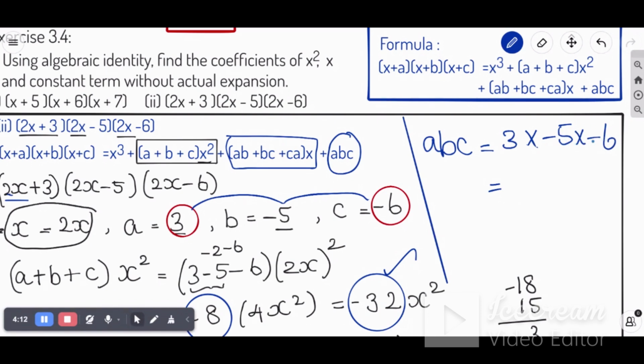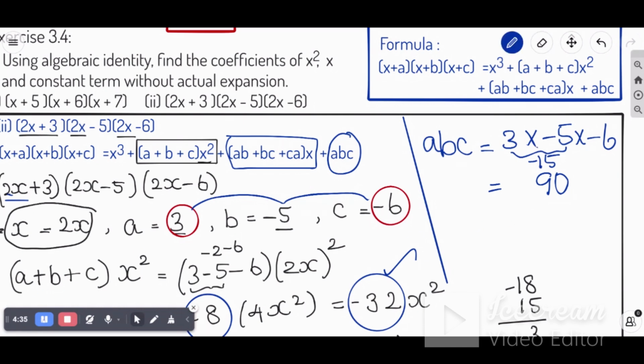And then minus into minus is a plus, so our answer is going to be positive. And 15 into 6 is nothing but 90. If you are not thorough with tables, just multiply. 6 5s are 30, 3 30s are 90. So do it carefully. So this is your answer.